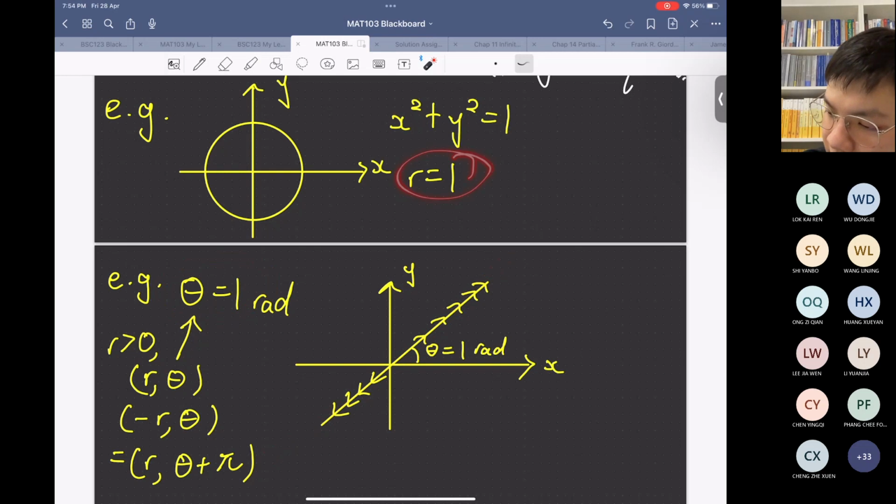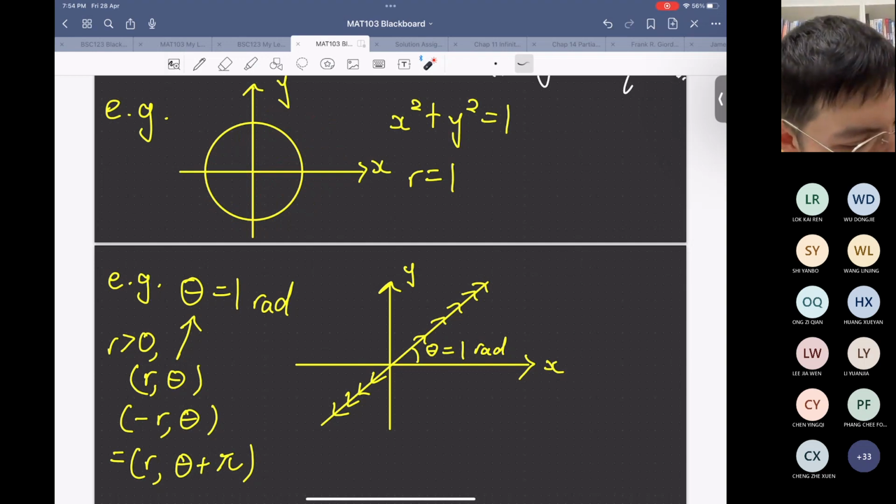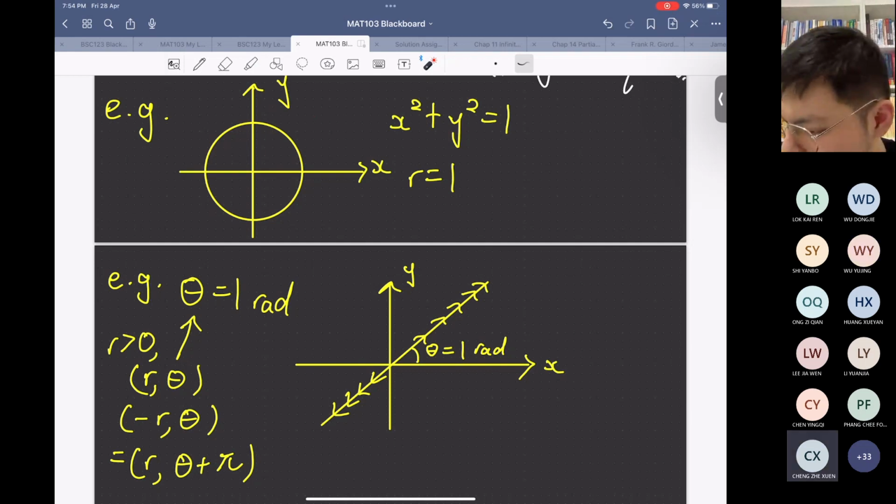Fix your radius and you need to take all the angles, so it becomes a circle. So the main point is if we fix theta, we straight away get a straight line, because r is not limited, so you can extend the line.